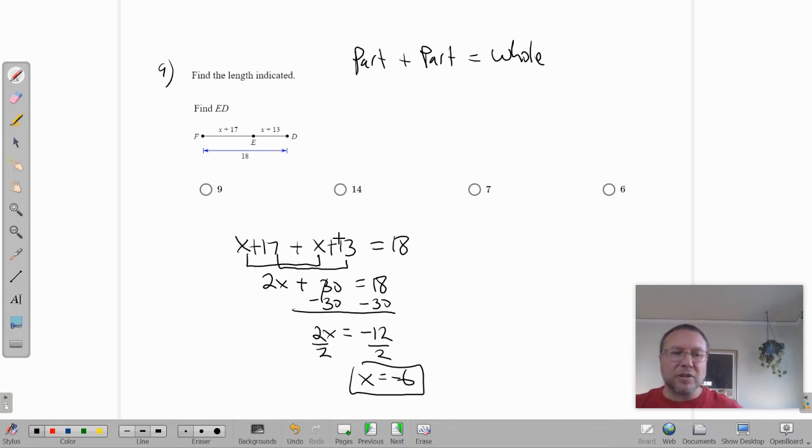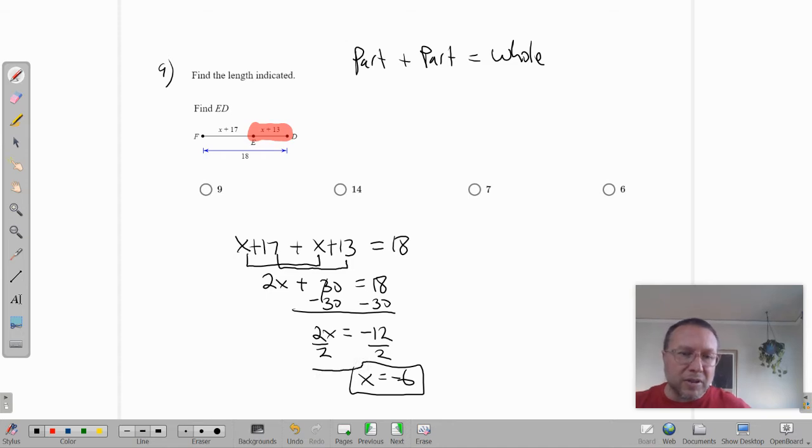Now, you notice negative 6 is not one of the answer choices because that's not what we're looking for. We're not looking for what x is. They want to know what ED is. So ED would be this part of the trip right there. It's the second part of the trip. Well, so all we have to do is take negative 6 and plug that back in.